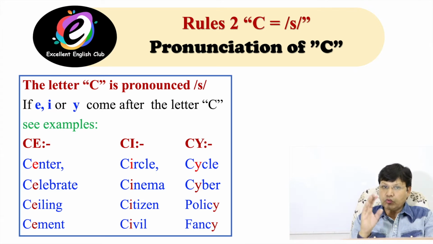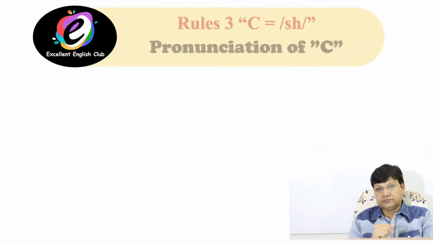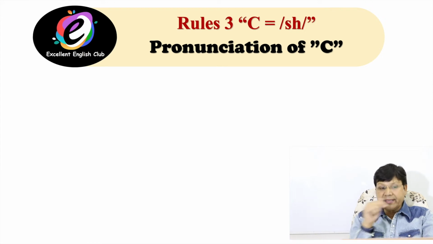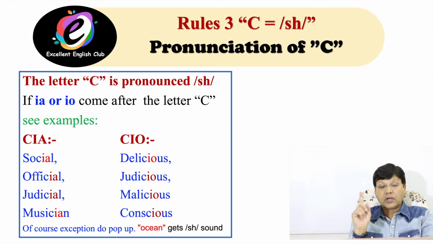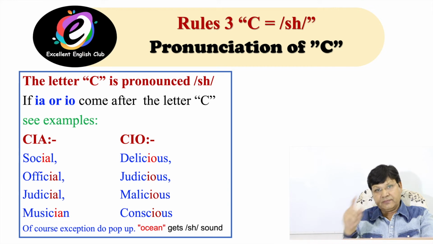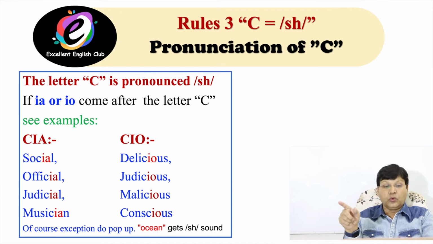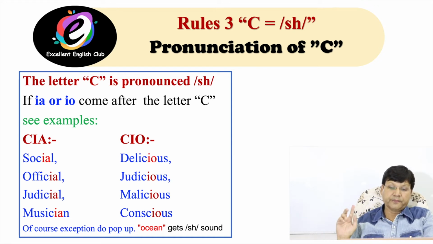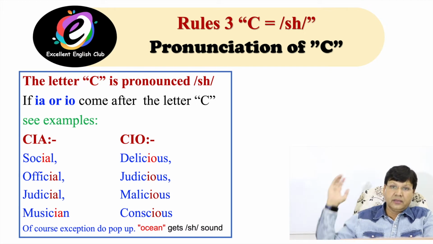Now move to rule number 3. C is equal to sha. The letter C is pronounced sha if IA or IO come after the letter C. Look at the example here. CIA and CIO. Look here. Social, official, judicial, musician.